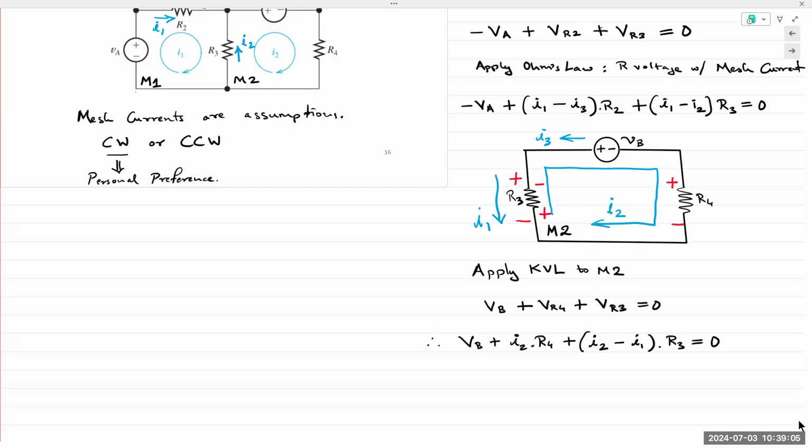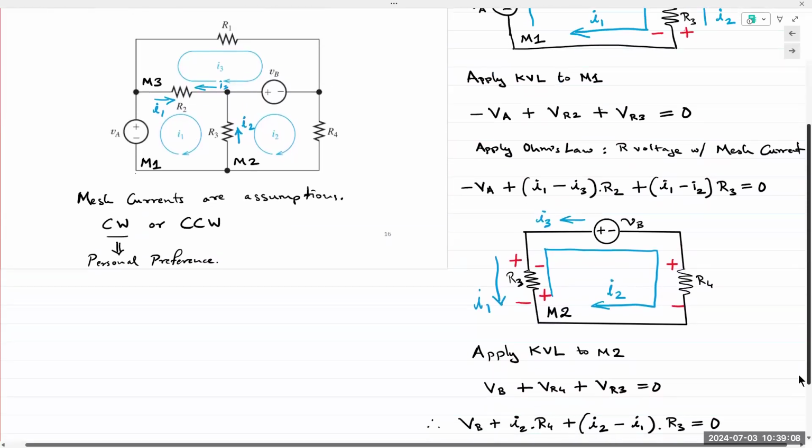Okay, all right, then let's write the equation for the last one, and that is mesh 3.